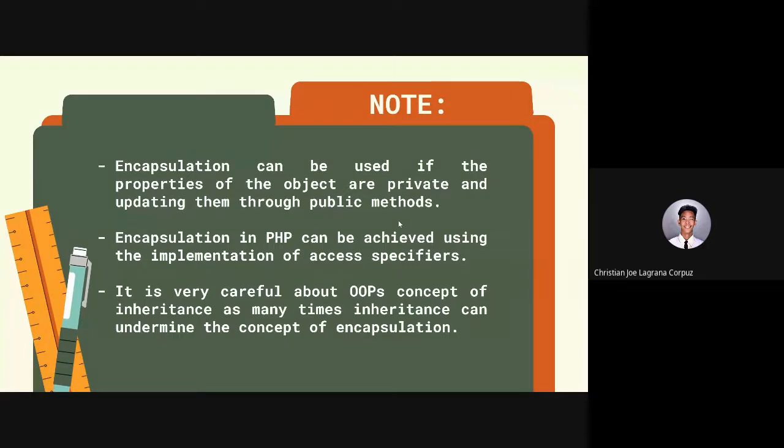Encapsulation can be used if the properties of the object are private and updating them through public methods. Encapsulation in PHP can be achieved using the implementation of access specifiers. It is a very important OOP concept. Inheritance, many times, can undermine the concept of encapsulation.